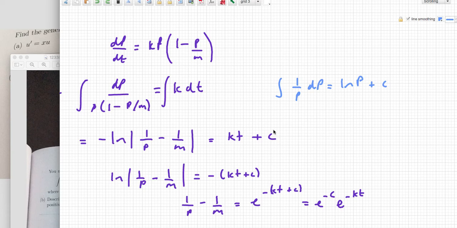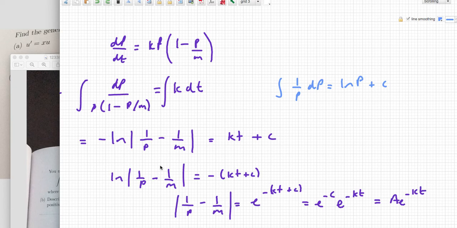Now c is just a number, we just don't know what it is. So e to the minus c is just a number, because it's just 2.71828 to the power minus whatever, 10, 20, 50, whatever. So we're just going to call that a. In the solution they call it b, but it doesn't actually matter what you call it. So we get a e to the minus kt.